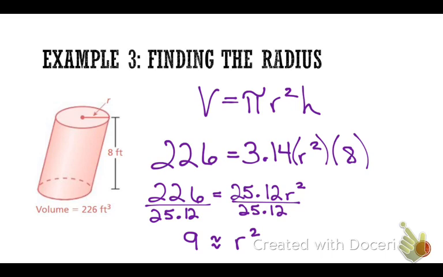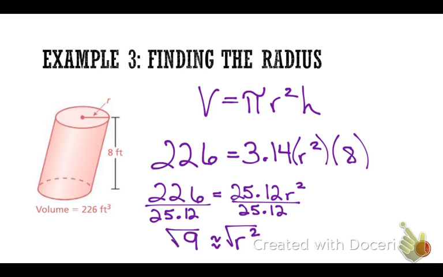And we know that 9 is a perfect square. That's why we're going to round it, because to get the exponent to cancel, I have to do the inverse of a square. And what is, Chloe, the inverse of a square? The square root. So I take the square root of both sides.